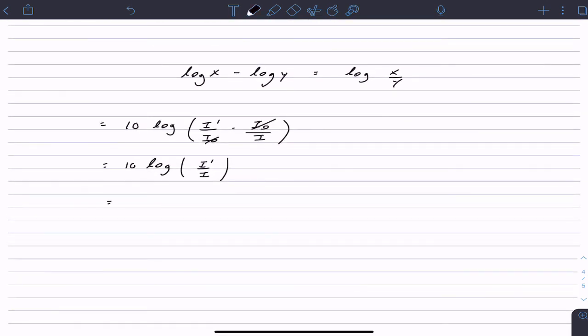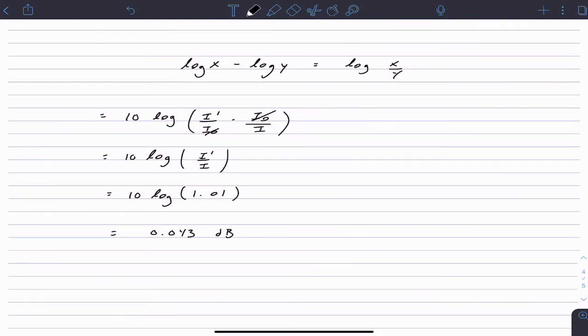So let's plug that in: 10 log 1.01 gives you 0.043 decibels. That's the change. So the intensity of the sound wave increased by 1%, and we had a change in sound level of 0.043 decibels.